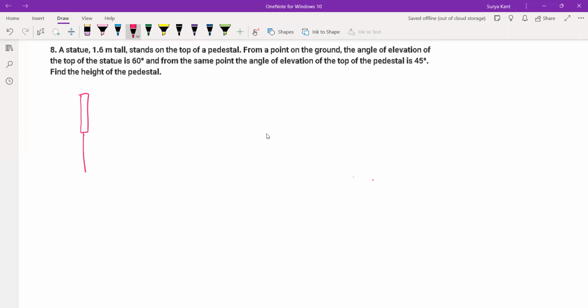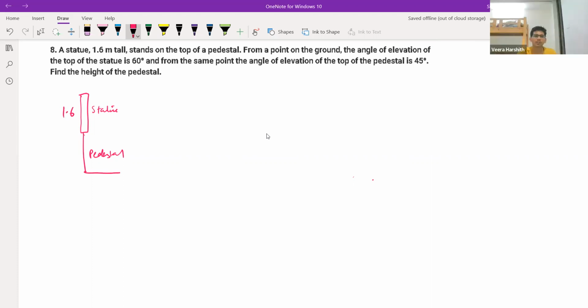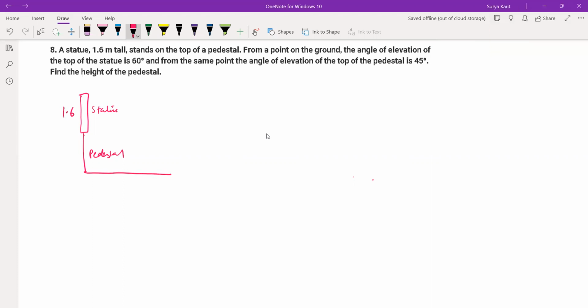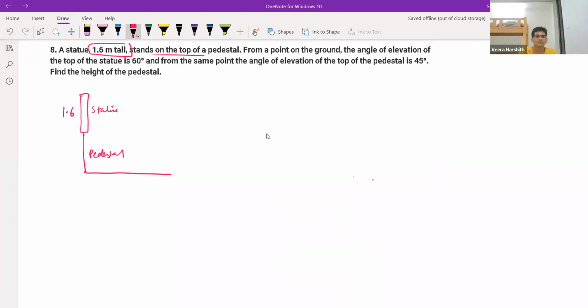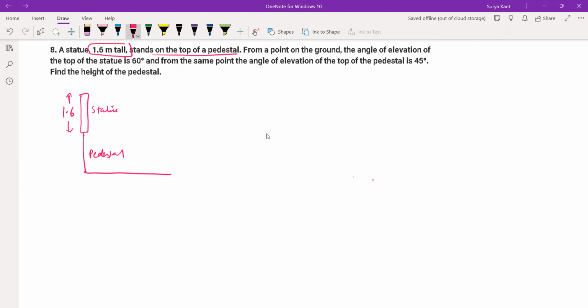This is the pedestal. The statue is 1.6 meter tall, and it stands on top of the pedestal. The pedestal is different and the statue is different. So the statue is 1.6, which is standing on the pedestal.